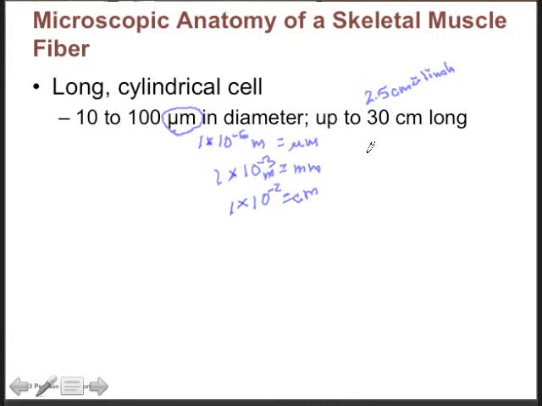If we were to try and convert this to centimeters, 100 micrometers times 1 meter over 1 times 10 to the 6th micrometers, and then we'll convert this to centimeters, there are 100 centimeters in a meter.